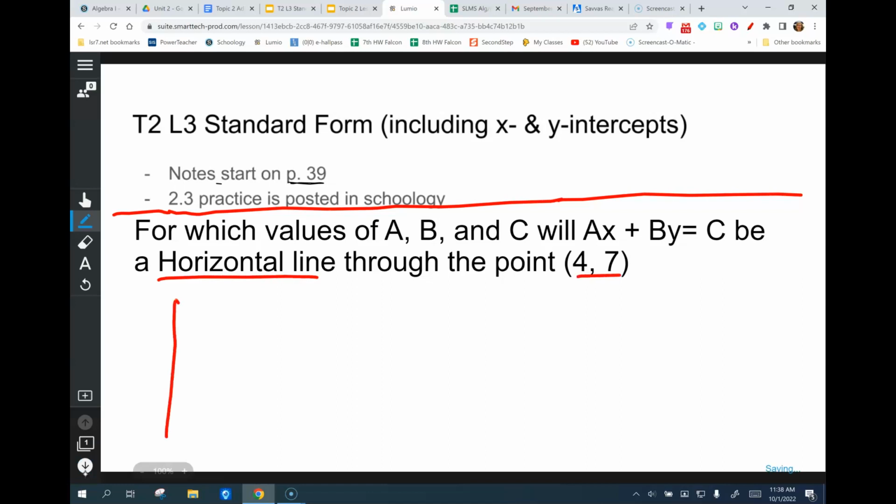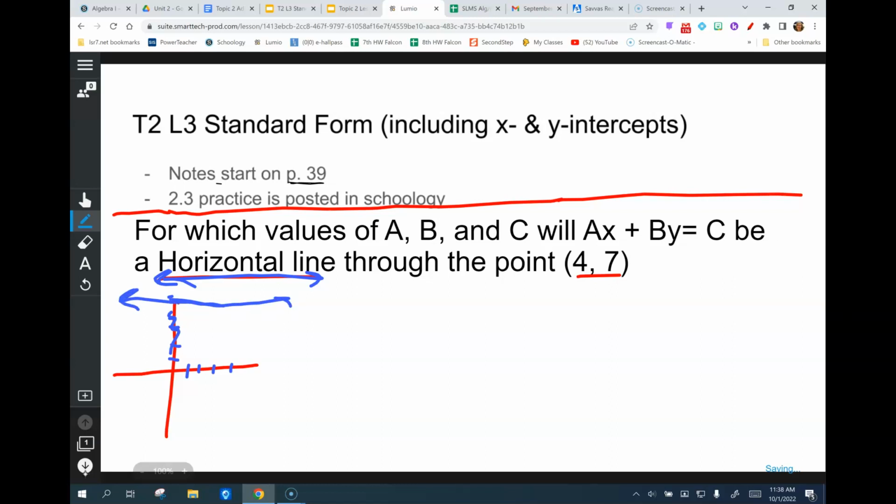If I have a horizontal line, okay, so here's my horizontal line. And it's got to pass through the point (0, 4). Let's say that's right here. Okay, so we have a line that looks like this. Okay?